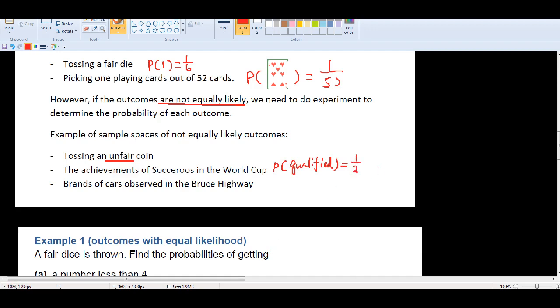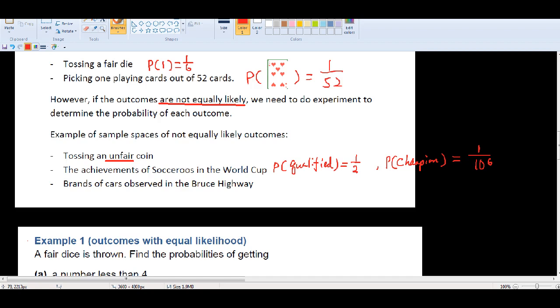But winning the championship would be very, very low, possibly 1 out of 1 million, because we know Australia is not the strongest team in terms of soccer, right? So you see the probability of each achievement will be very different.